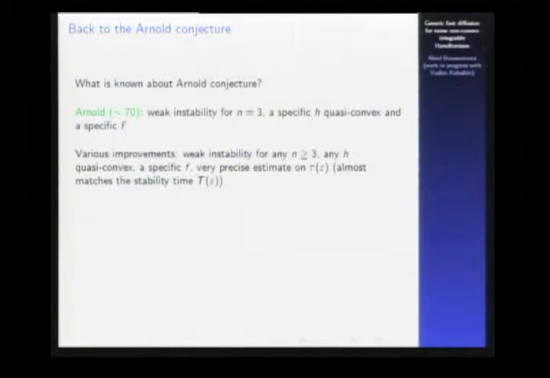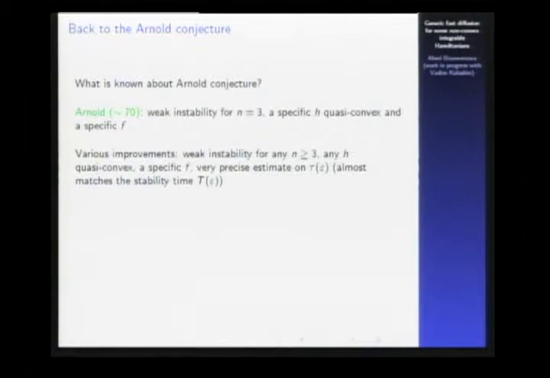Then later you had various improvements. Still weak instability, but this time for any n, for any h quasi-convex, or convex now. Still for a specific f, just one example of f here, and any h but quasi-convex. You also have very precise estimates on this T star of epsilon. It appears when I define the drift: it's the time you need to wait until you actually have a drift independent of epsilon.